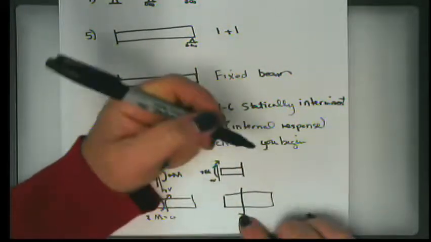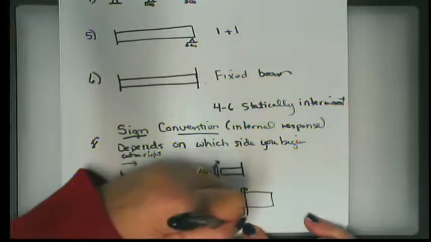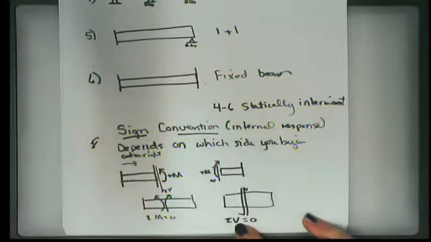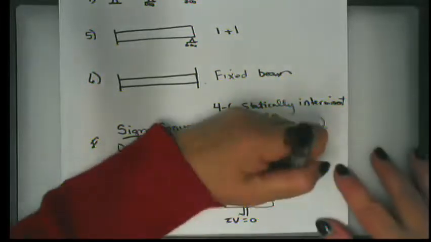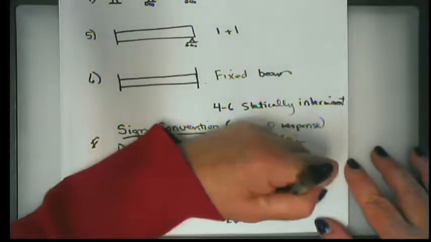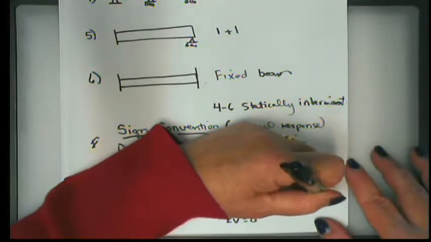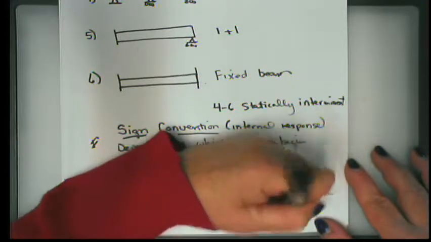If you have a V down on one side of a cut face and a V up on the other side of a cut face, the net V is 0, which is necessary for that beam to not split into halves or to split into parts. Because if they don't counteract each other exactly, movement will occur. This is required to remain in static equilibrium.